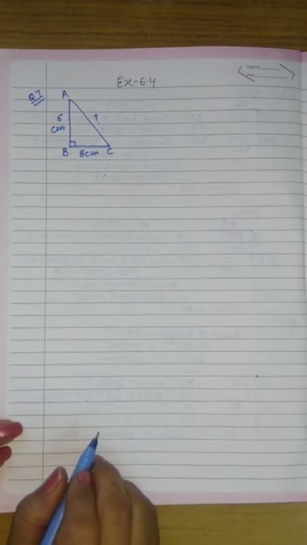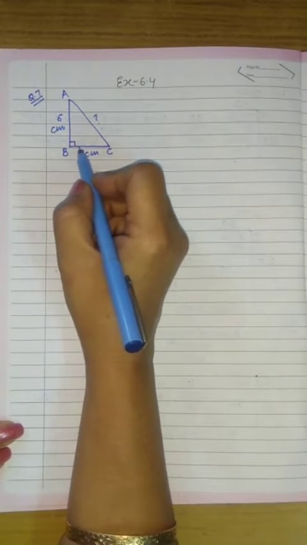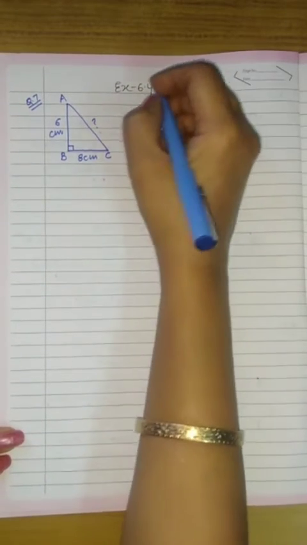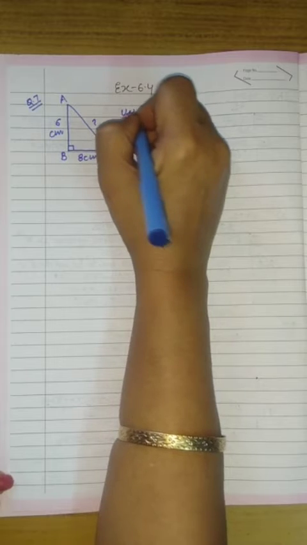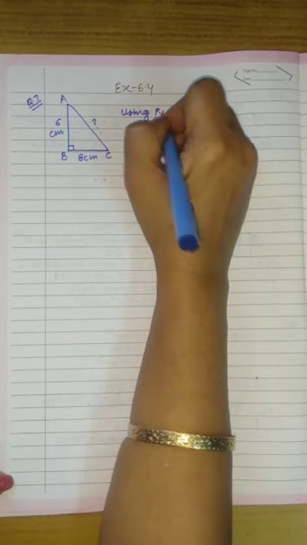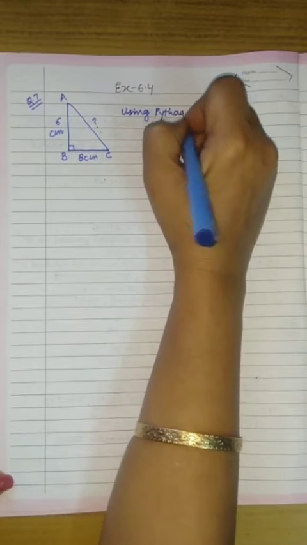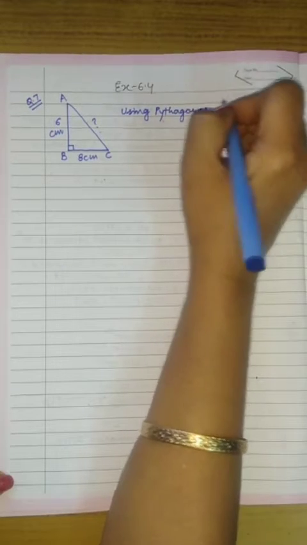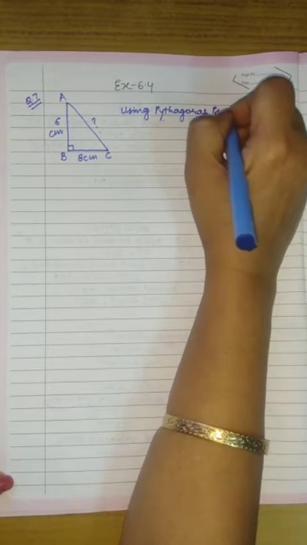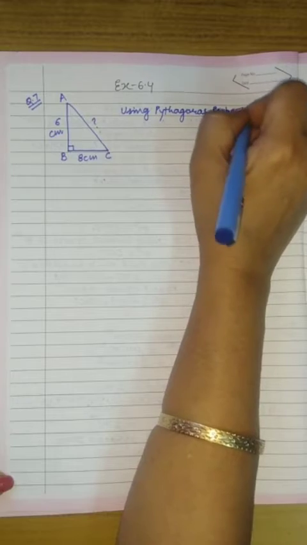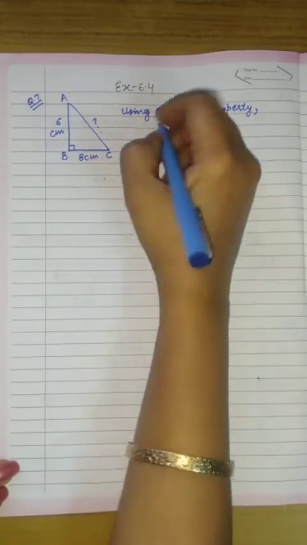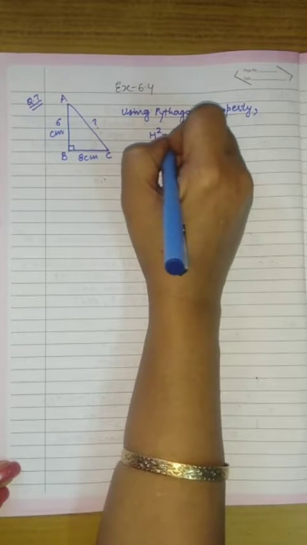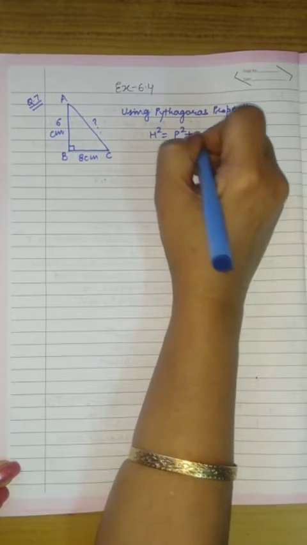Now here, as it is a right triangle, so we will use Pythagoras theorem here. So using Pythagoras property, that is h square is equal to p square plus b square.